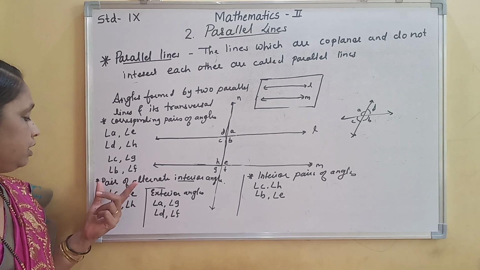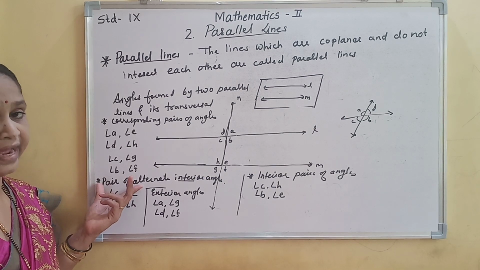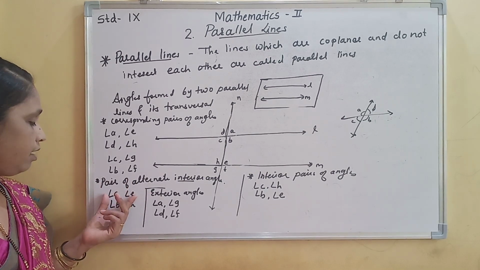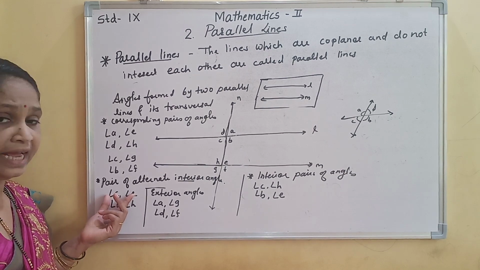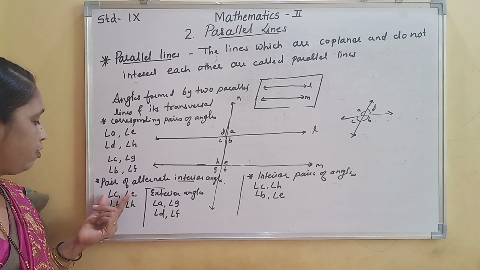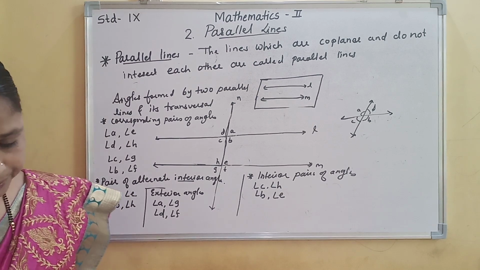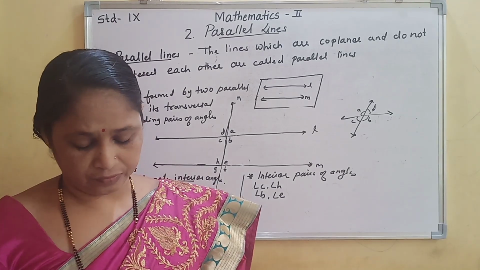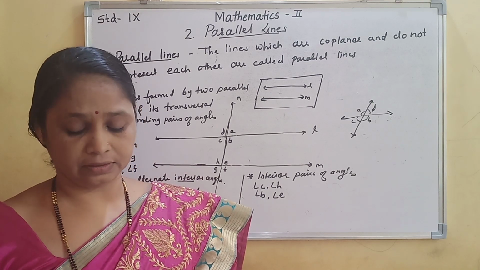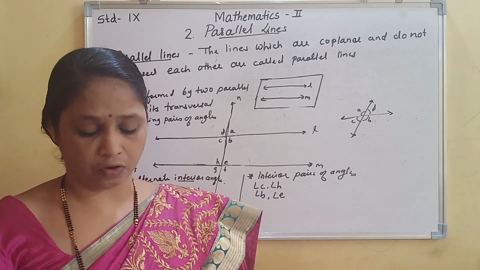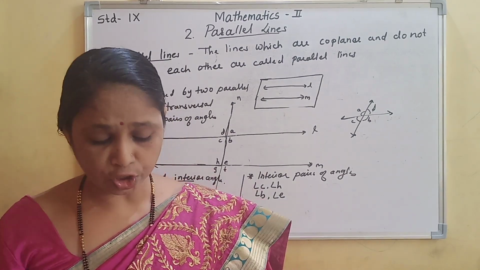Now next thing is about the alternate interior angles. Pairs of alternate interior angles are also congruent. So angle C and angle E are a pair of alternate interior angles and they are congruent. Now the fourth property: when one pair of alternate angles is congruent, then all the remaining pairs of alternate angles are congruent.